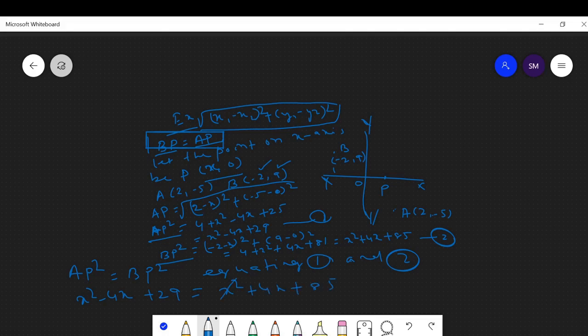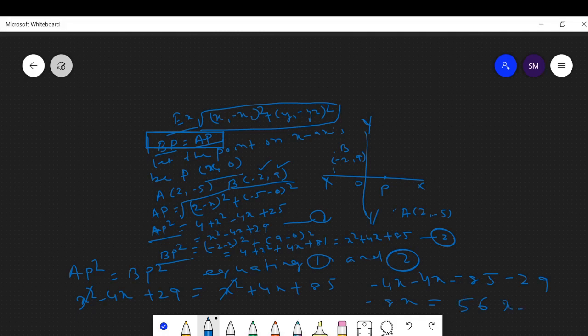X square cancels. Then minus 4x minus 4x is equal to 85 minus 29, meaning minus 8x is equal to 56.